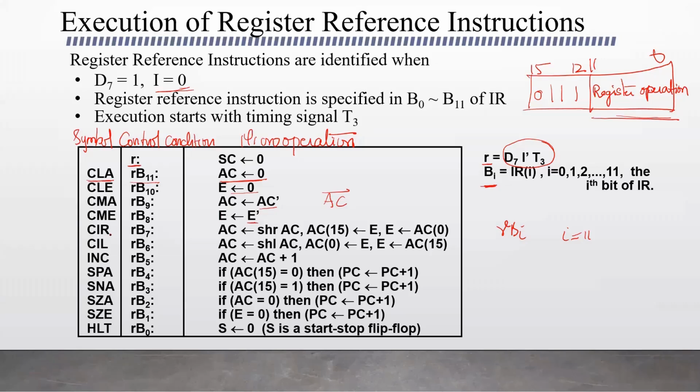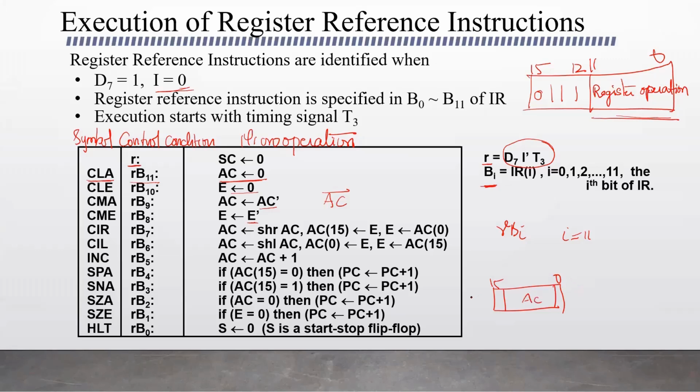And CIR is circulate right, correct? Circular right the content of AC and E. So here is our accumulator. Here are the bits. Let's say this is the 0th bit and this is the 15th bit of AC.